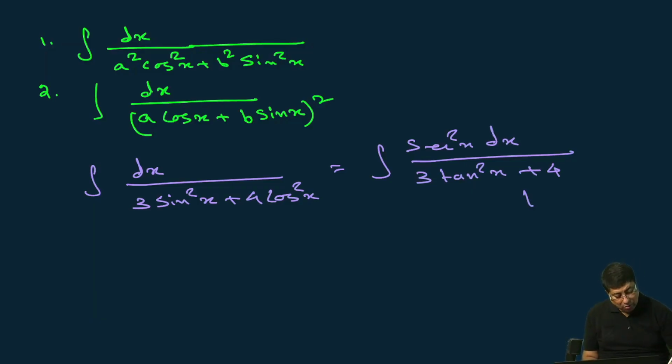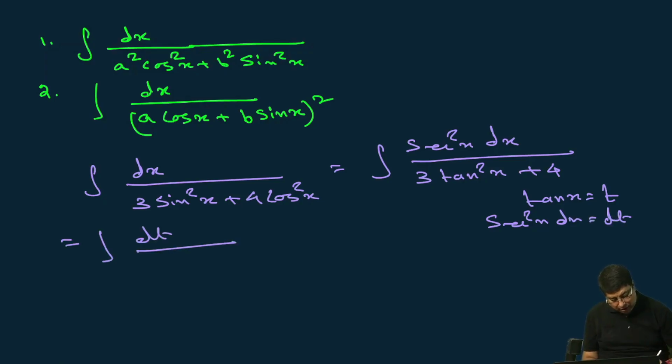Now we'll put tan x equal to t. Therefore, sec square x dx equals dt. Therefore, we are getting here dt by 3t square plus 4.